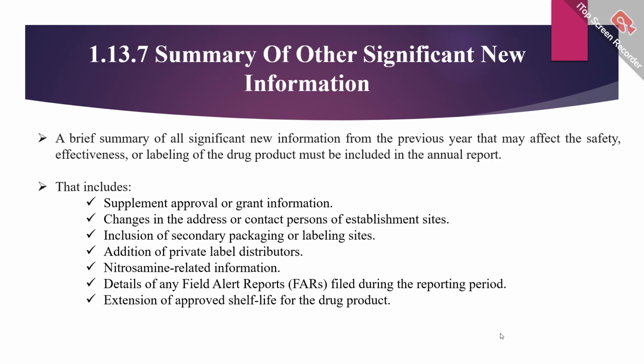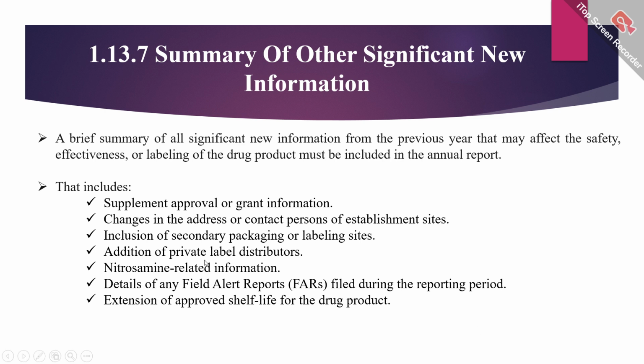Next, changes in the address or contact persons of the establishment sites. If any address or contact person details change, then we need to submit that information in the summary of significant new information. Also, inclusion of any secondary packing or labeling site, and whatever annual reportable changes we have, we have to mention in this summary.